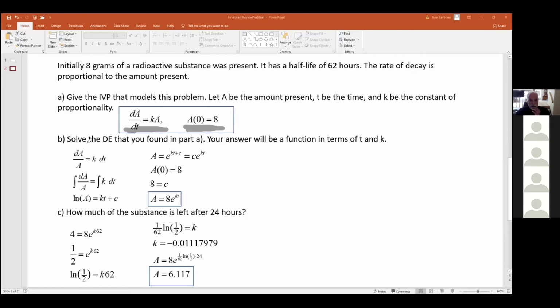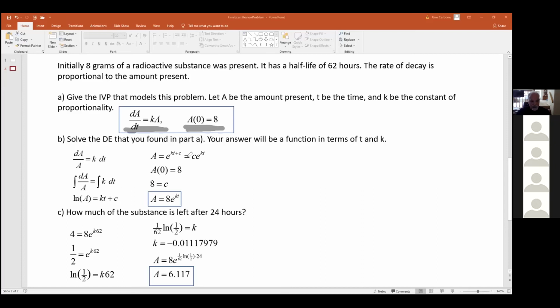Then you're going to solve the differential equation. I assume that everybody in this class knows how to solve a differential equation like this. We could solve this by separation of variables. You bring the A down here and the k over here. This is just the natural log of A equals kt plus a constant.